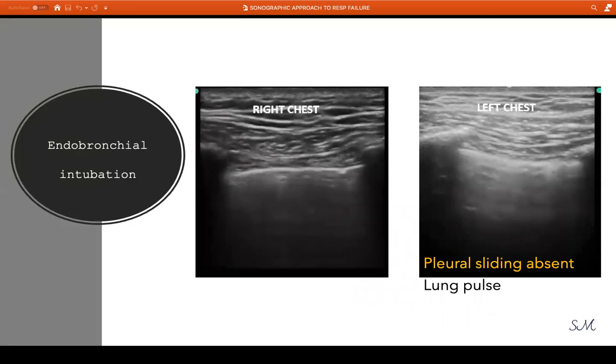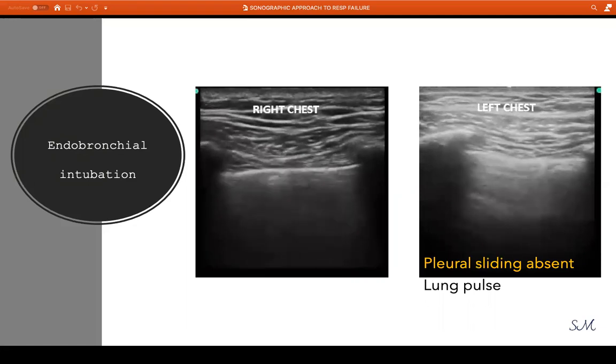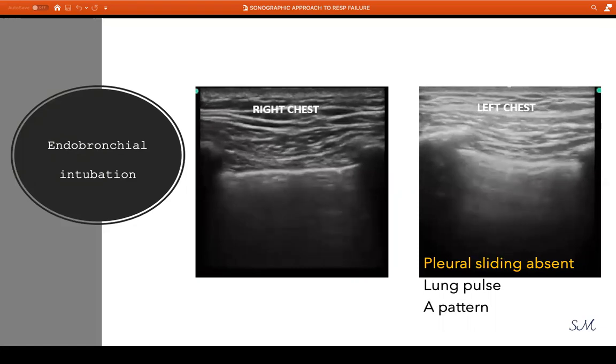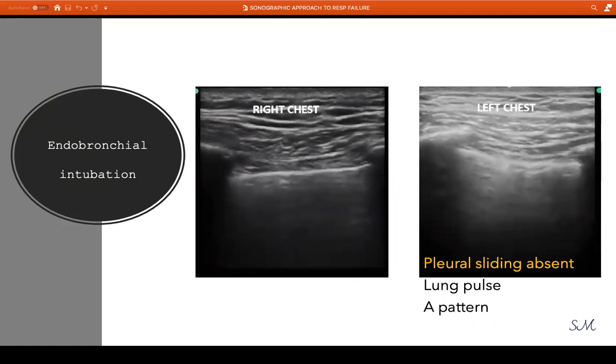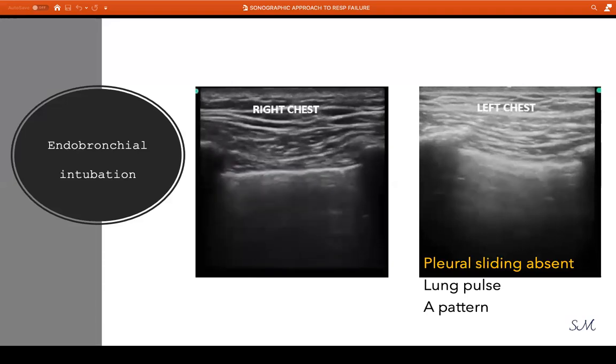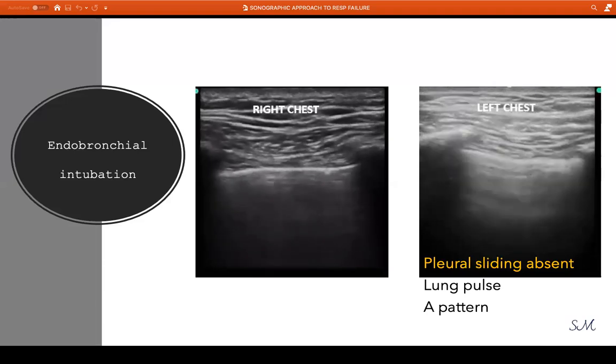This happens because of transmitted pulsation of the cardiac oscillation up to the pleura, as the underlying lung is not getting ventilated. And also because the underlying lung has air, it will give a pattern. This confirms the endobronchial intubation and indicates that the tube needs to be repositioned.